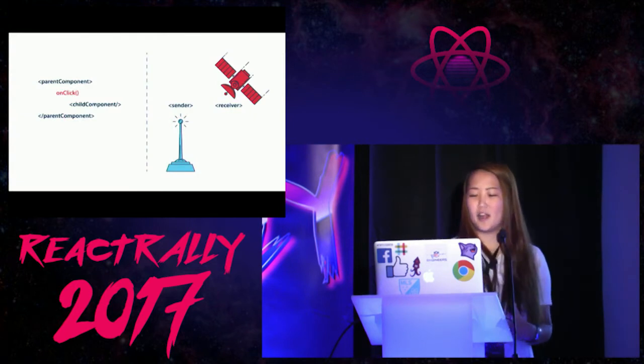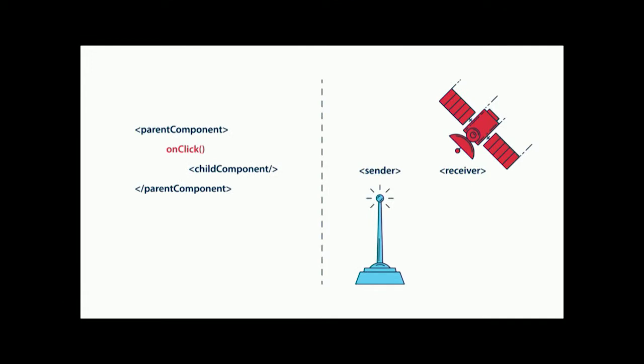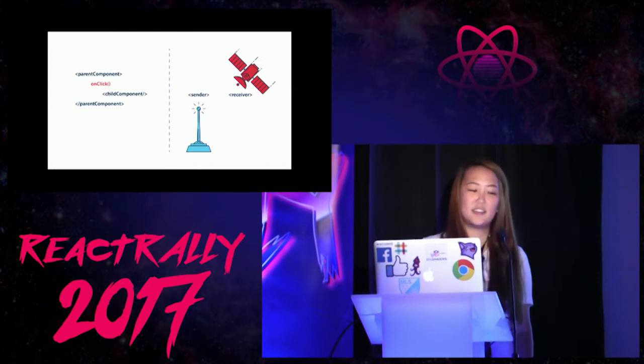So to give a little bit more context on Postmessage, we have this illustration here. On the left, this is a traditional relationship of a parent component and a child component that is bound by the on-click callback function. This is a closely coupled relationship. On the right, the relationship between parent-child or sender-receiver is not closely coupled. The sender is like a radio.